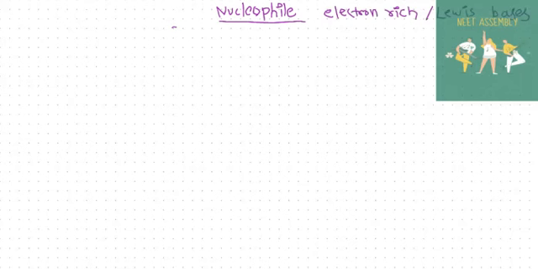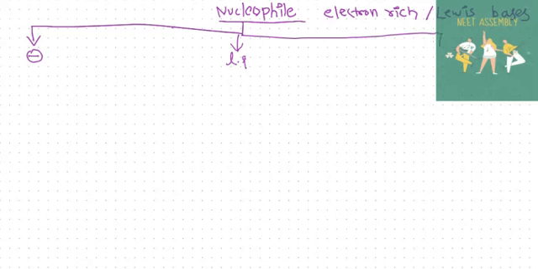They are electron rich by having a negative charge, by having a lone pair, or by having electron density, like pi electron density.